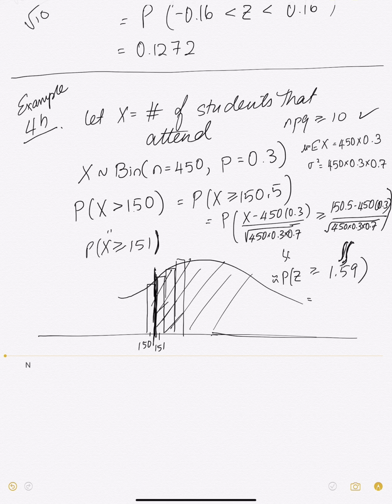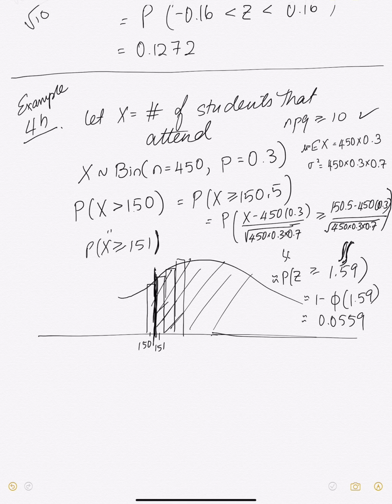That will be 1 minus what the table says under 1.59, and that is approximately 0.0559. So there's approximately a 5% chance that by admitting 450 people, they will have more students who attend than the number of seats.